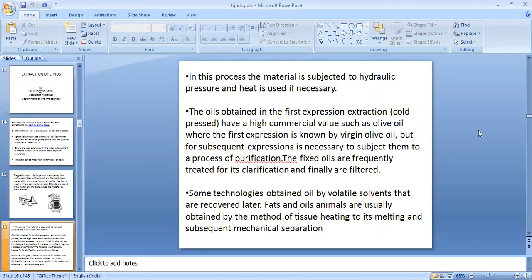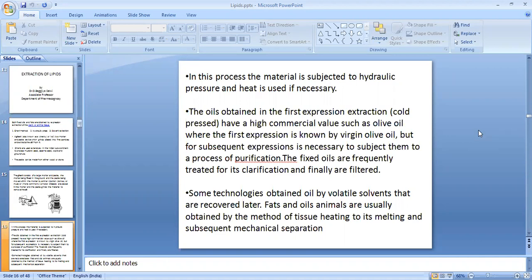And in the hydraulic press, if you see, the oil is first expressed with little pressure and with low temperature, which is called as the cold pressed oil, which has the commercial value, especially in case of your olive oil.